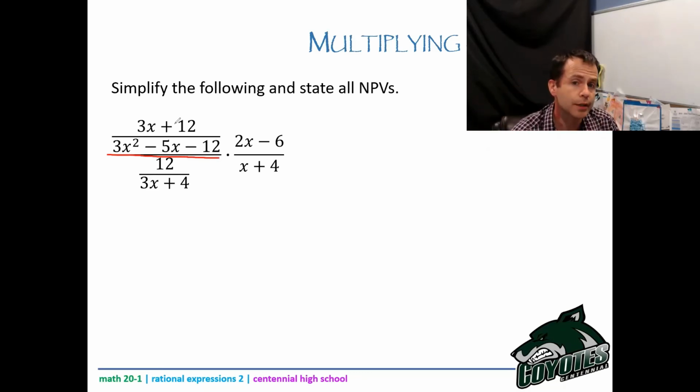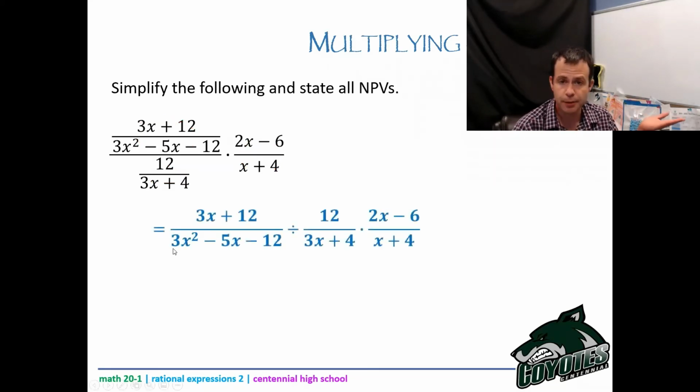So I want you to look at this and say, okay, I'm going to take that guy, I'm going to divide by that guy, and I'm going to times by that guy, okay? So that's what I've done right here. It's 3x plus 12 over 3x squared minus 5x minus 12. Then I'm dividing by 12 over 3x plus 4. And then I'm multiplying by 2x minus 6 over x plus 4.